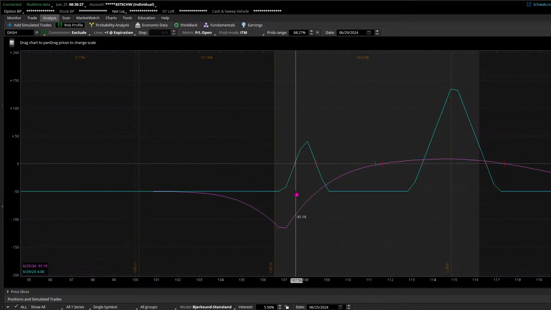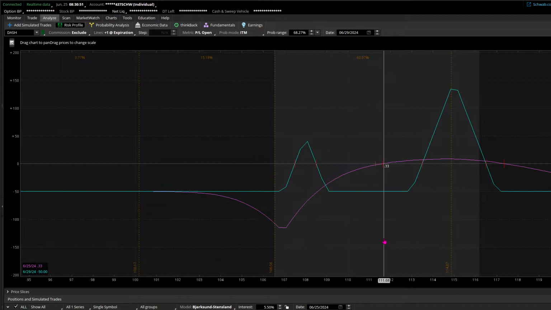Now look. Now I have, okay, so the stock is here, right? The stock's around 106.50. Well, if by Friday it goes to 108, I could make $40. However, this whole thing, because I'm adding more strategies, now costs me $50.